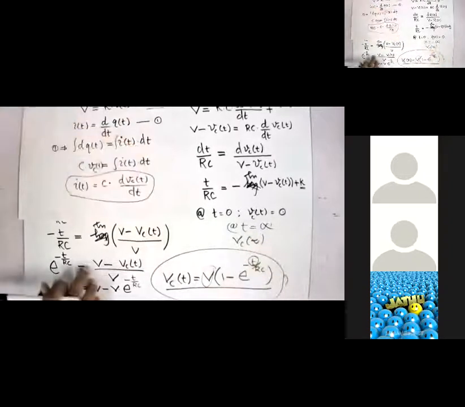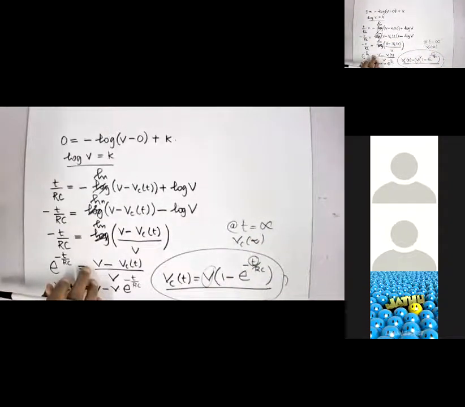What is e to the power minus infinity by RC? Infinity by RC will automatically be infinity. So what is e to the power minus infinity?